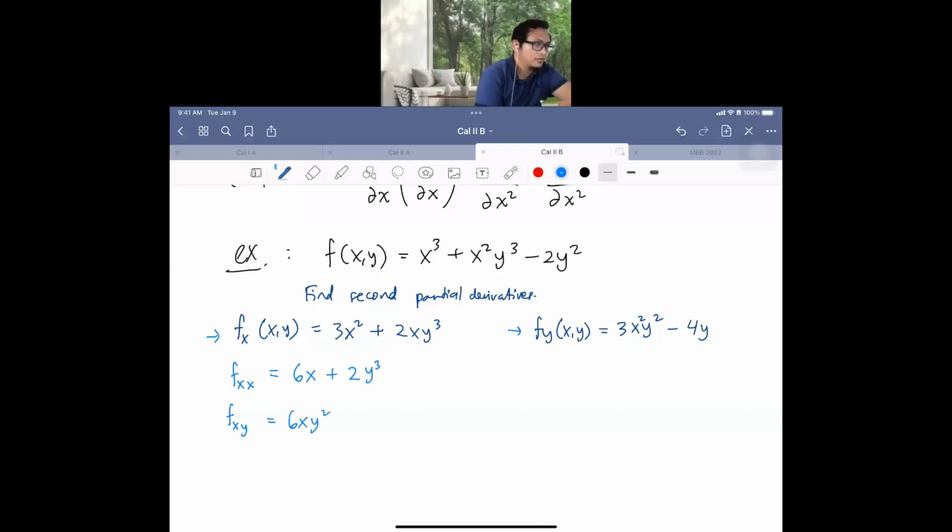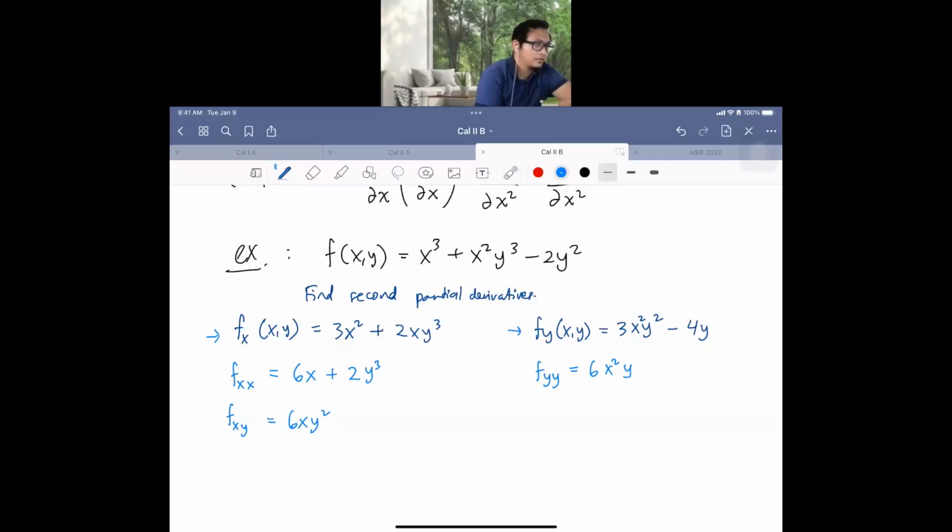Now the partial y, we derive with respect to y. This becomes 6x squared y, and then minus 4.